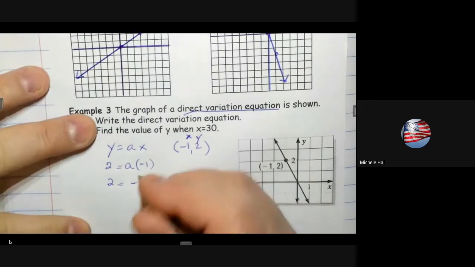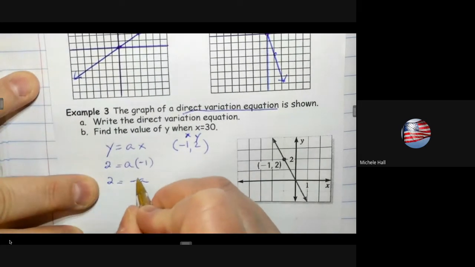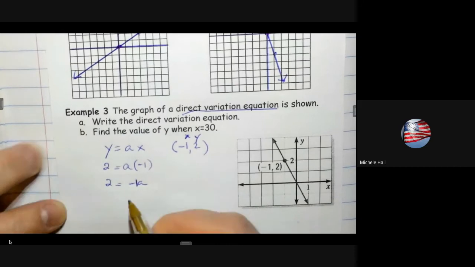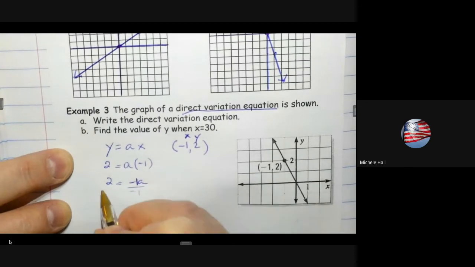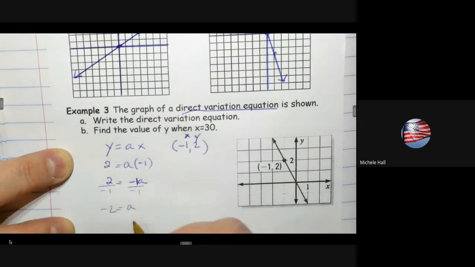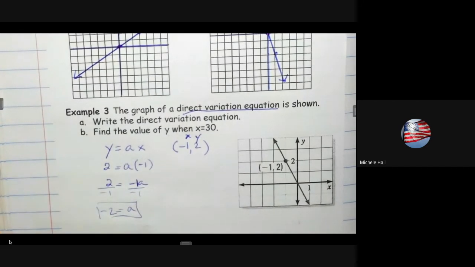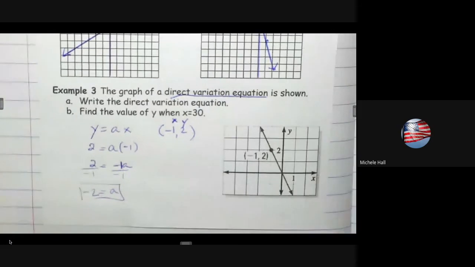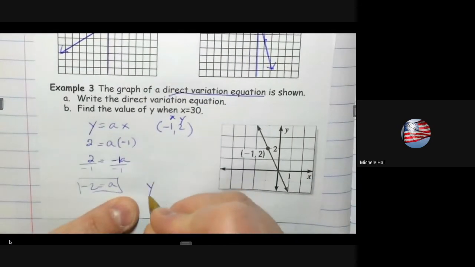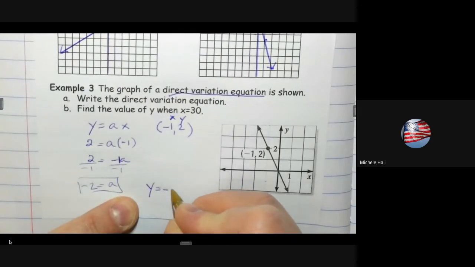If I remember, there's a 1 that's in here. It says -1a. So if I divide by -1 and I divide by -1, I get a equals -2. Once I find a, then I can write my direct variation equation. Y equals ax, so -2x.